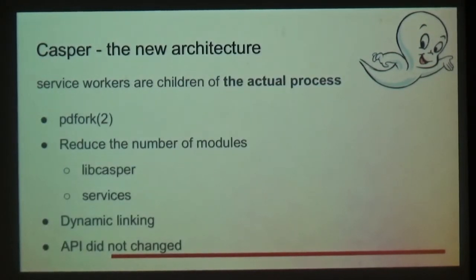So the new architecture of Casper was presented. We decided to fork from the original process, which solved most of our problems. We don't need to think about credentials. We have the same routing table. We have the same working directories, and more and more and more.